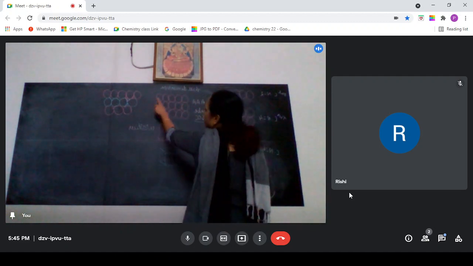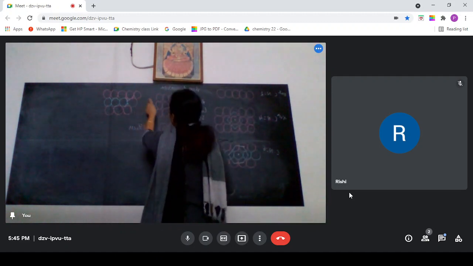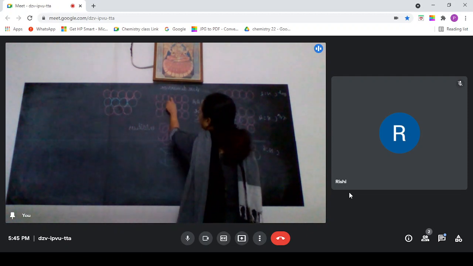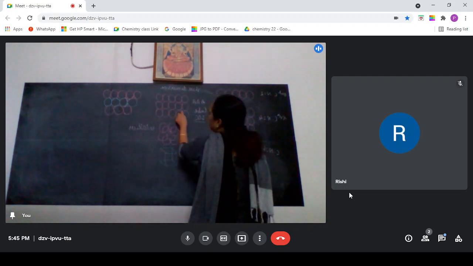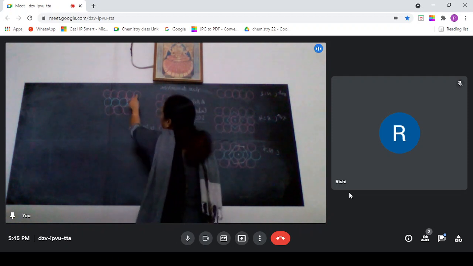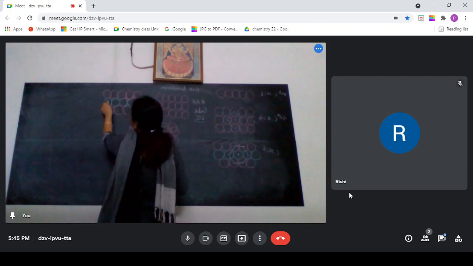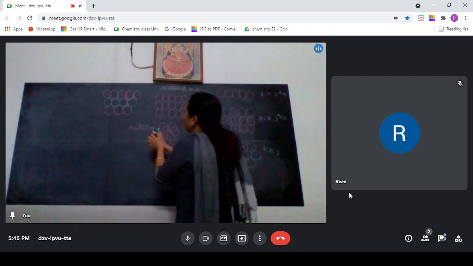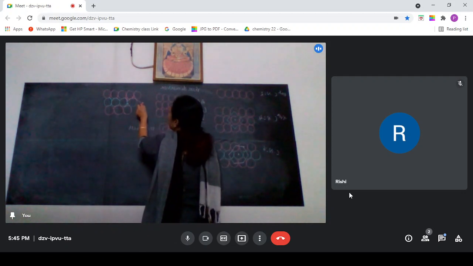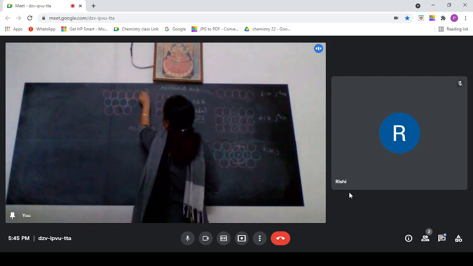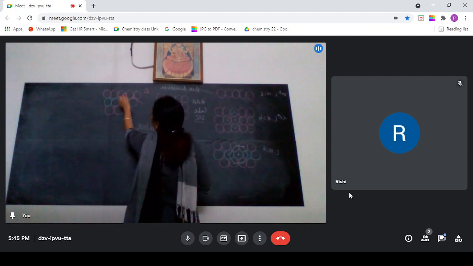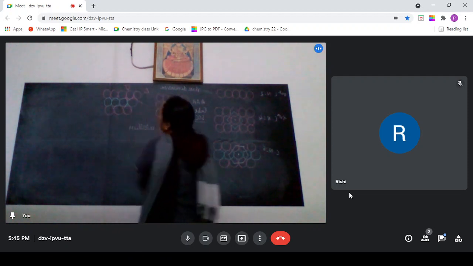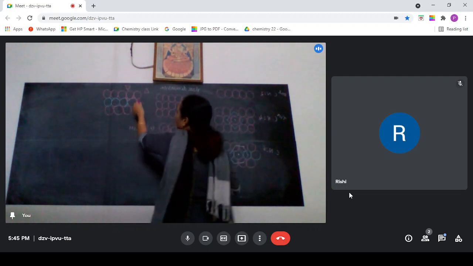So these interstices, here it will be square type, because one below the other it will be square type. If you have hexagonal packing, see, this is one type, a triangle shape like this, and here it will be like this. You will have 2 types of triangular voids.